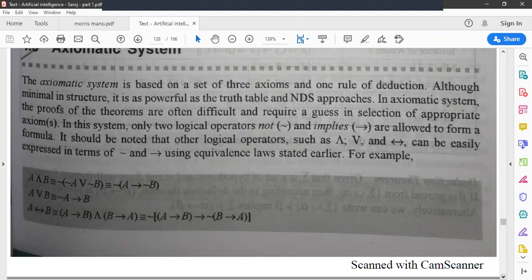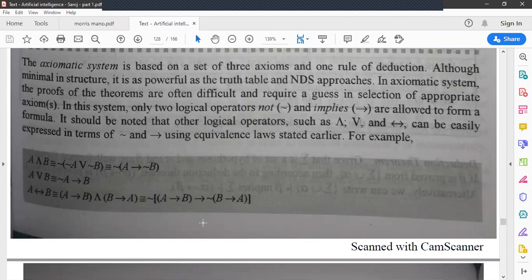And one important point to remember here is that in axiomatic systems, all the formulas or expressions are expressed in terms of not and implies. You cannot use the and, or, equivalence logical operators in the axiomatic system.